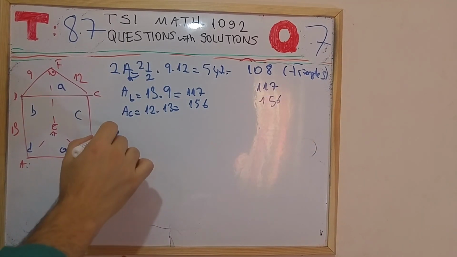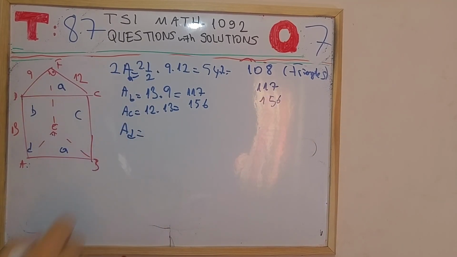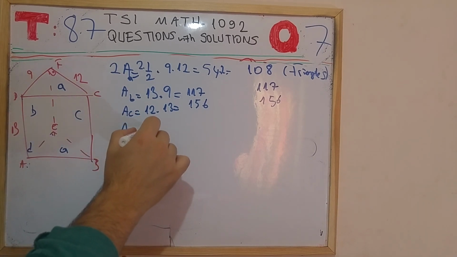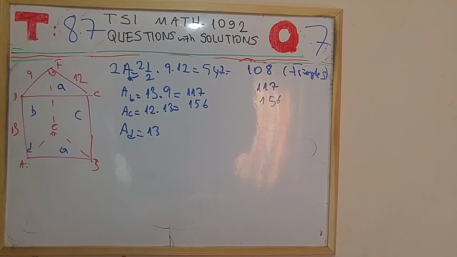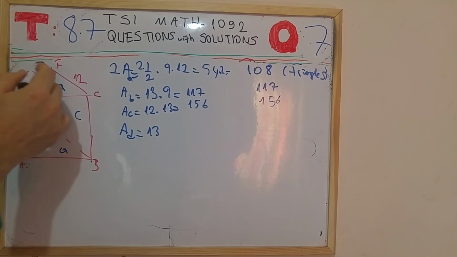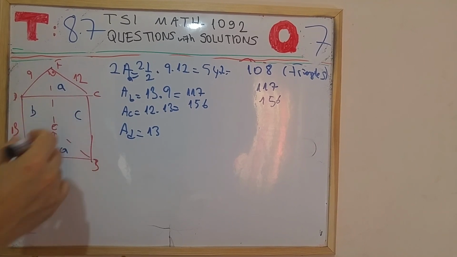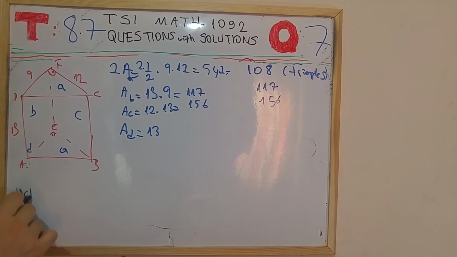156, here I write. How about the area of D, which is 13 times DC? I don't know DC. Let me calculate it. What I have here is a right triangle. So DC square is equal to 9 square plus 12 square.